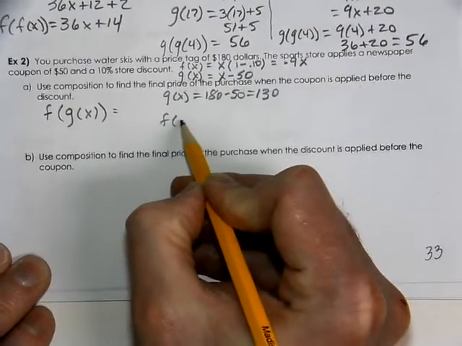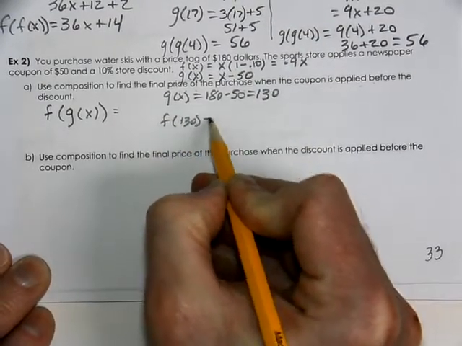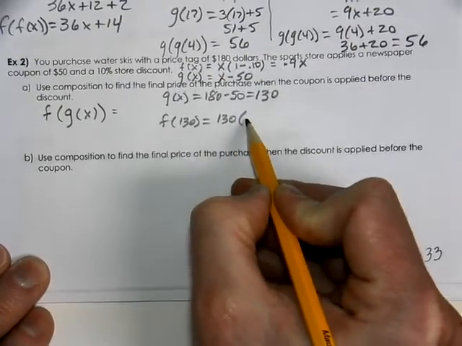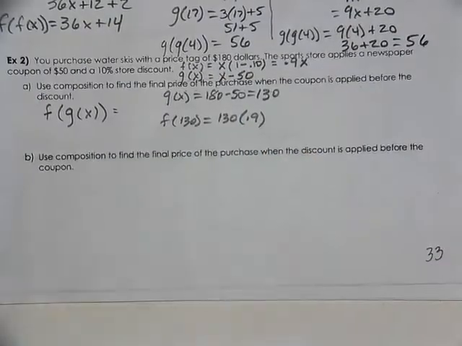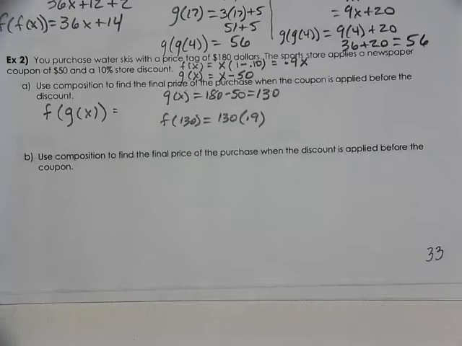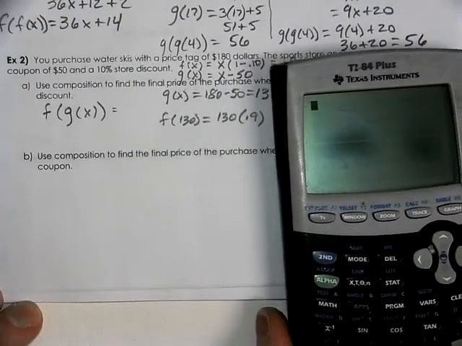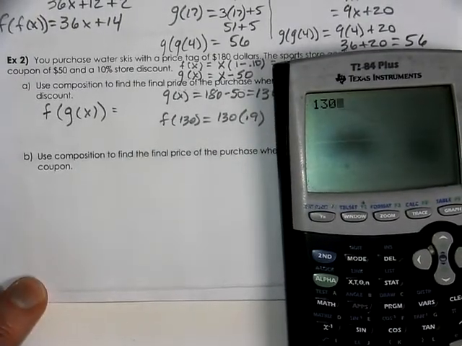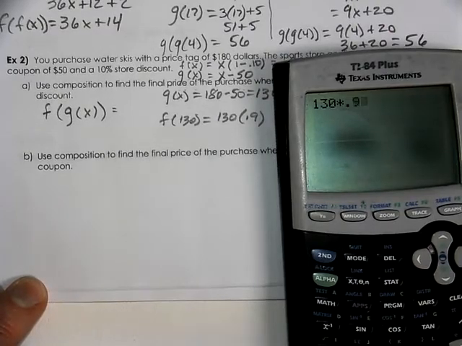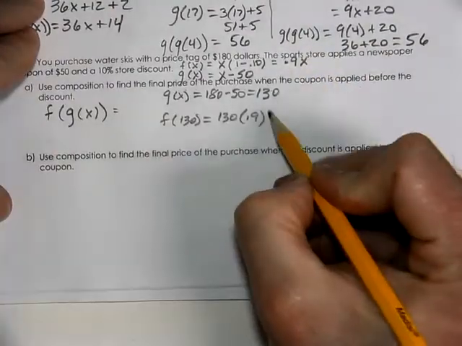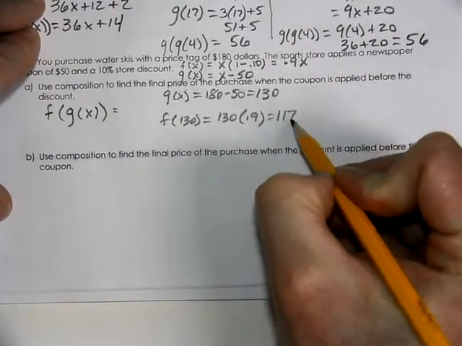The f function for 130 now is going to be 130 times 0.9. We are getting a 10% discount, which means that we are going to pay 90% of the cost. So you can do 130 times 0.9, that's $117. That's how much you would pay.